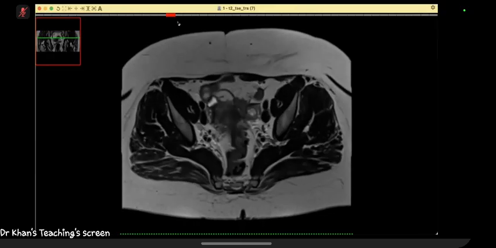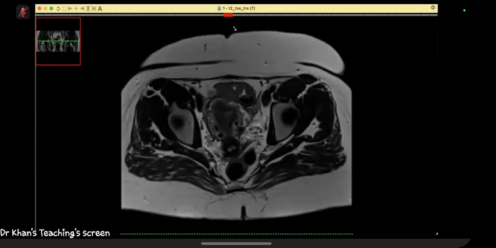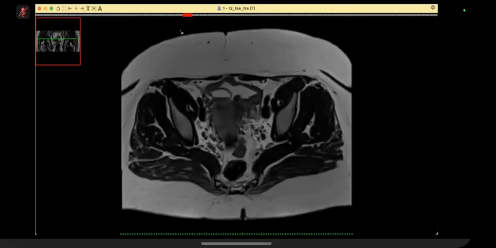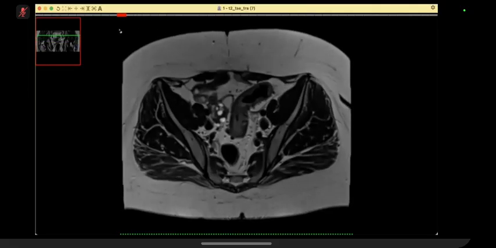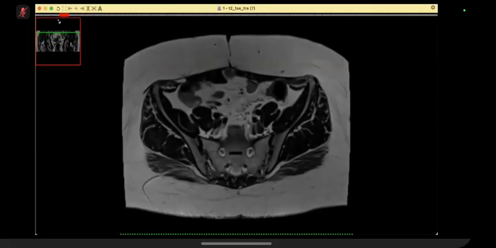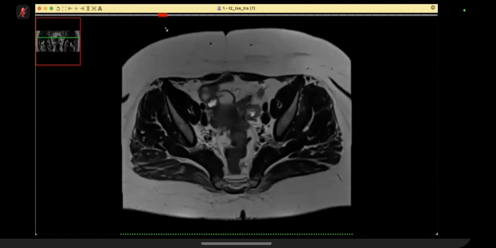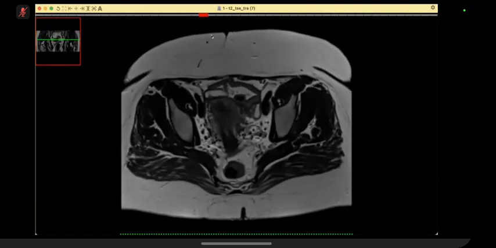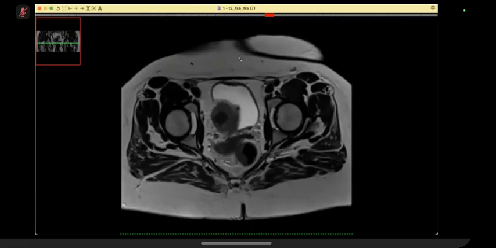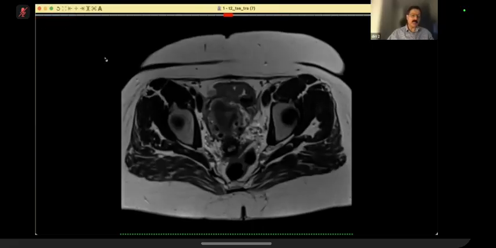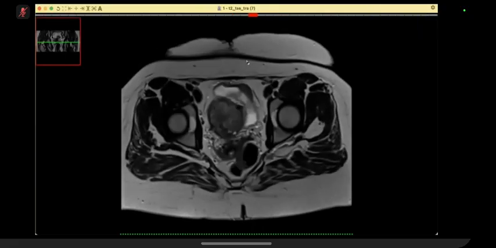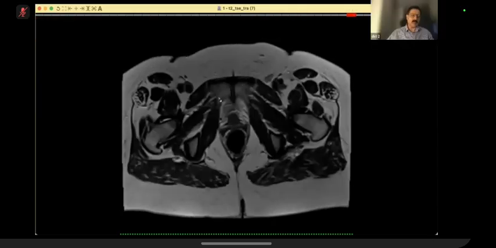Okay, it is not. Checking the left one. I'll give you another sequence, a T2 weighted coronal.